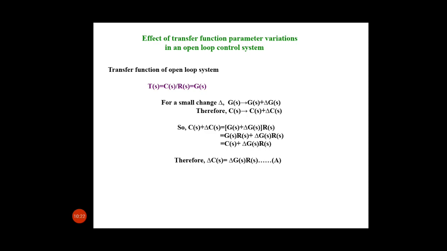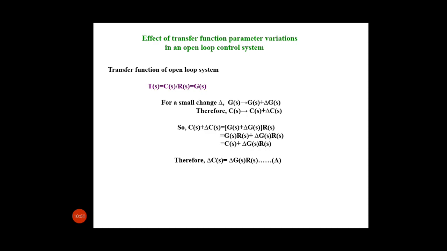You see the transfer function equation. After considering a small change, the output signal C(s) changes to C(s) plus delta C(s), and this is equivalent to G(s) plus delta G(s) into R(s). R(s) is the same.